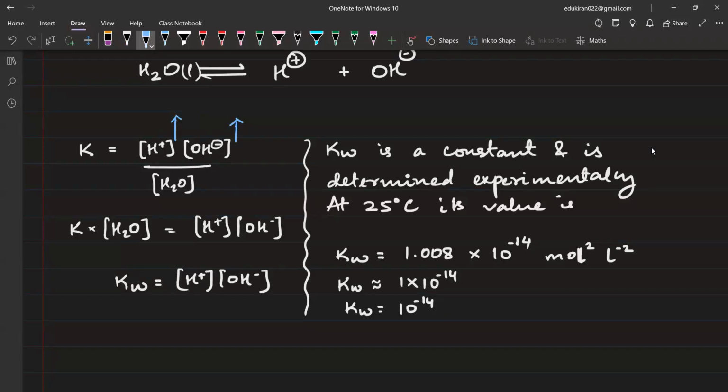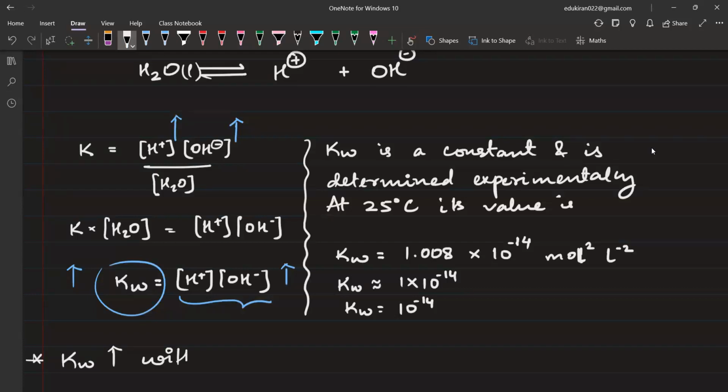So if both of these values are increasing, Kw is also going to increase. So one more point we can write: Kw increases with increase in temperature.